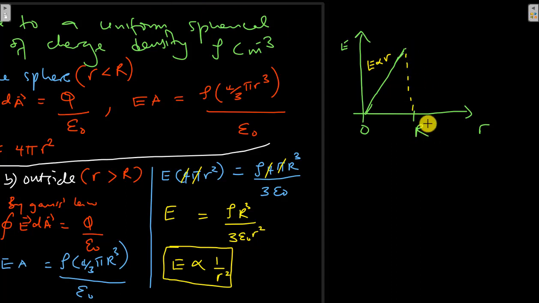Outside, when the distance from the center is greater than the radius of the sphere, the electric field begins to decrease rapidly as the square of the distance from the sphere. So there we go. This is our graph for the electric field intensity inside and outside of our spherical shell.